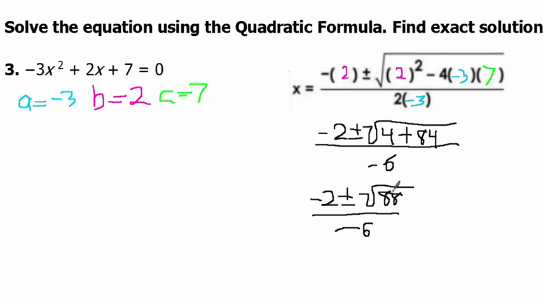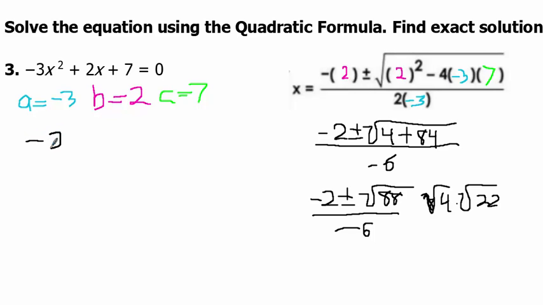I notice that this is divisible by 4. So this becomes the square root of 4 times the square root of 22. And I know the square root of 4 is 2, and I don't know the square root of 22, and it doesn't have any other perfect squares in it.